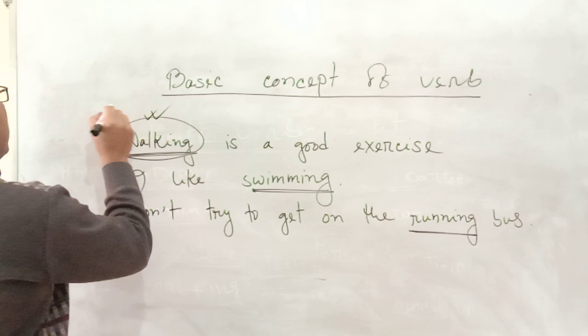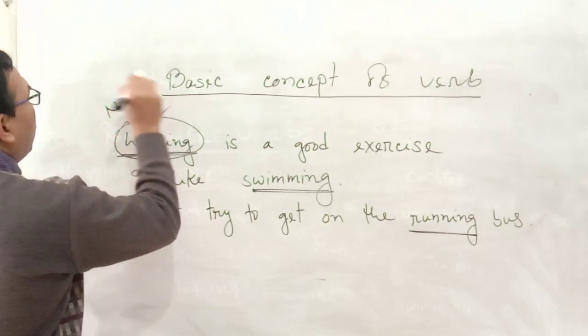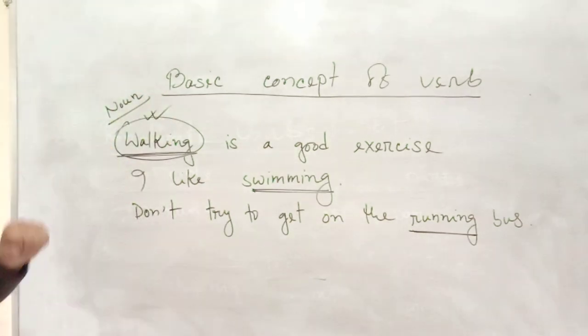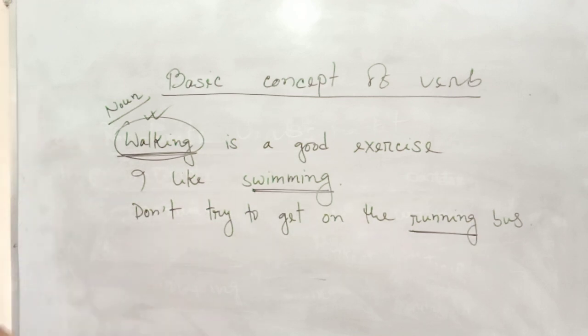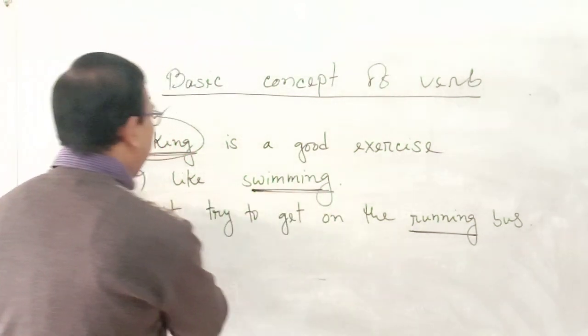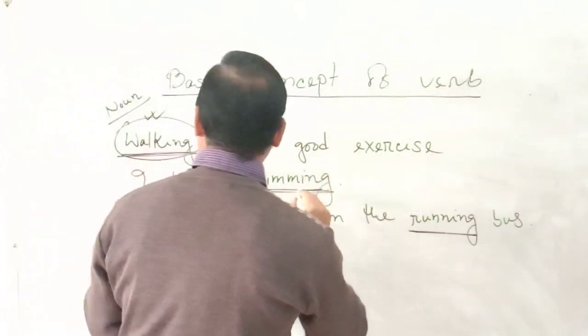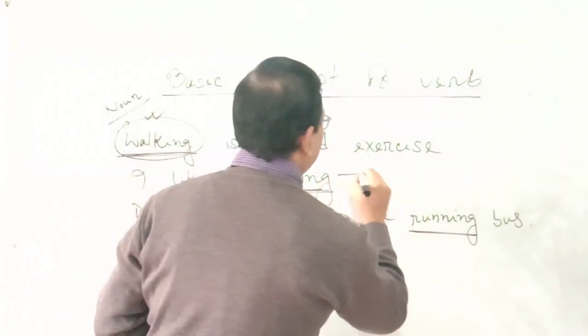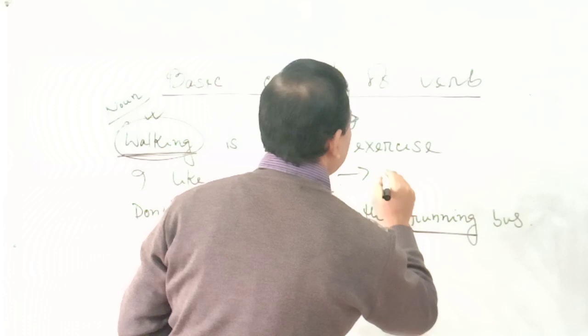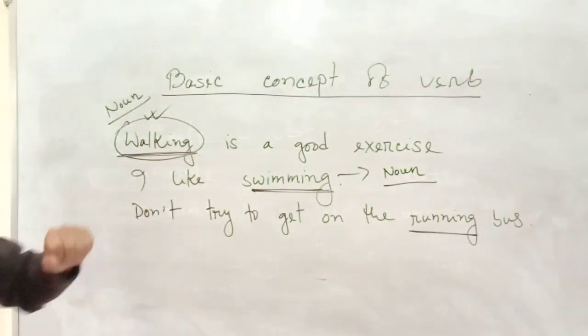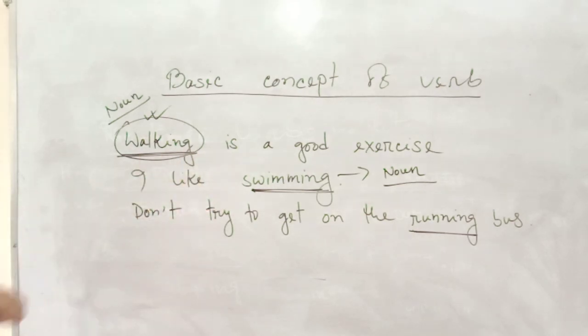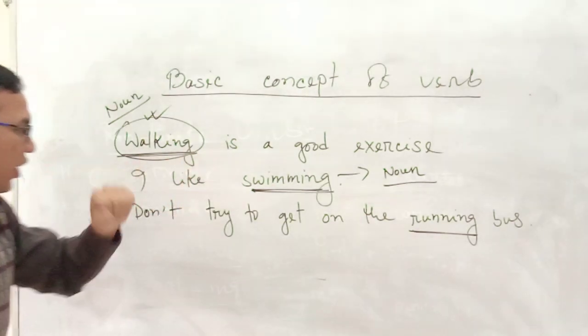That is, this works as a noun, and so you can understand that this is a gerund. This is not a present participle. Again, swimming. I like swimming. This is the object of the sentence, and as an object, this is also a noun. And as this works as a noun, this is also a gerund.